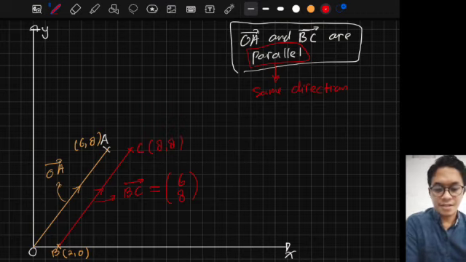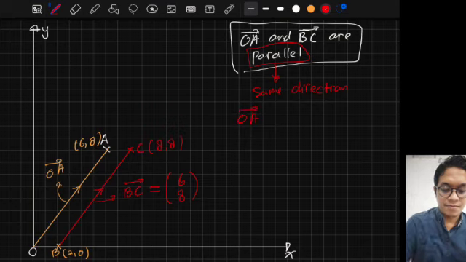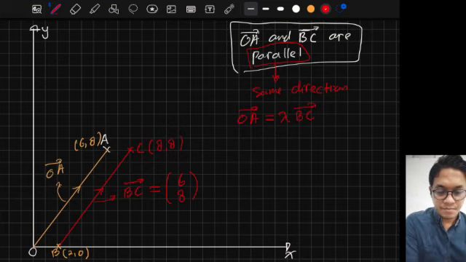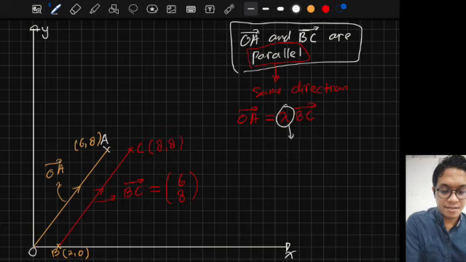So in general, I can say vector OA is equal to some multiple of vector BC. This symbol here is called lambda. It represents how much longer or shorter the vector is.